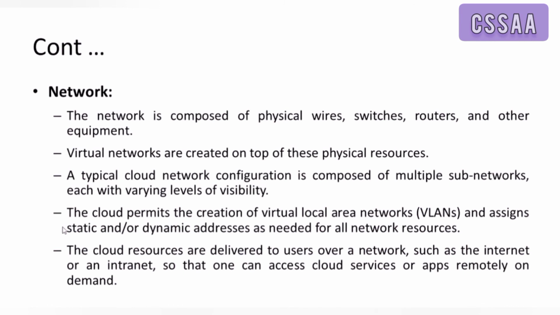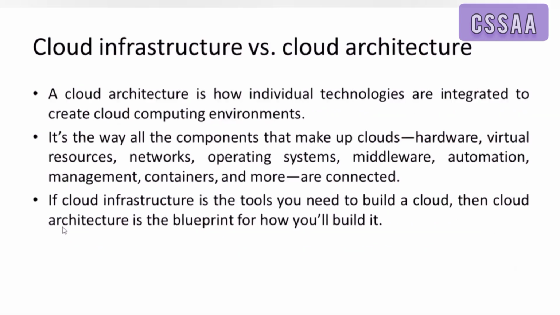The cloud permits the creation of virtual local area networks and assigns static or dynamic addresses as needed for all network resources. The cloud resources are delivered to users over a network, such as the internet or an intranet, so that one can access cloud services or applications remotely on demand.